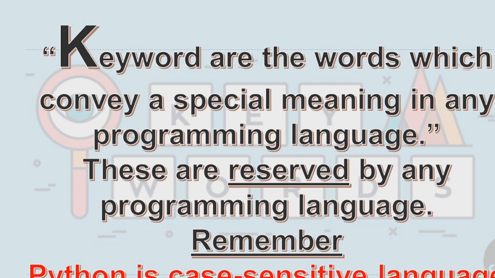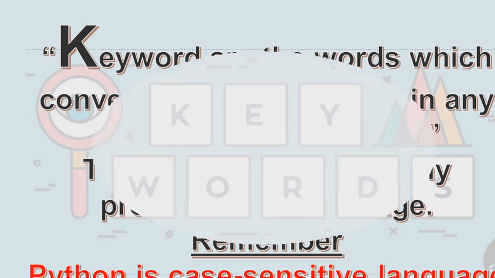So if it is written in small letters, we have to use small letters only. If it is in capital, then we have to use capital letters only. If we change the case, it will not work as a keyword. So keep in mind, Python is a case sensitive language.